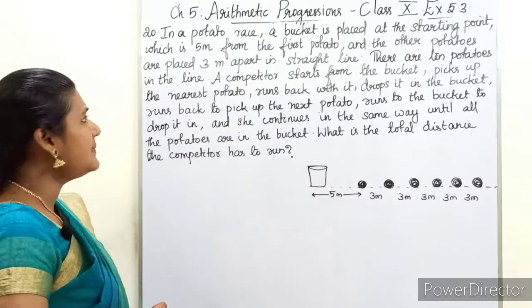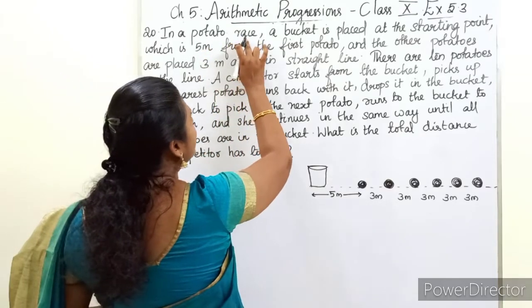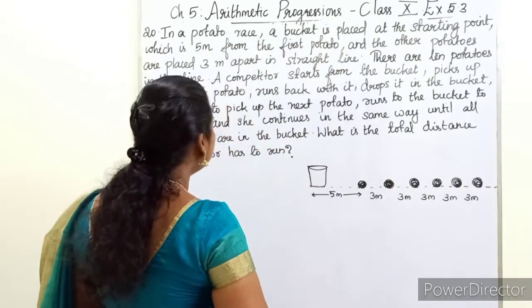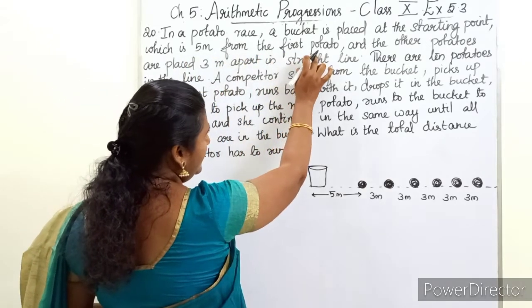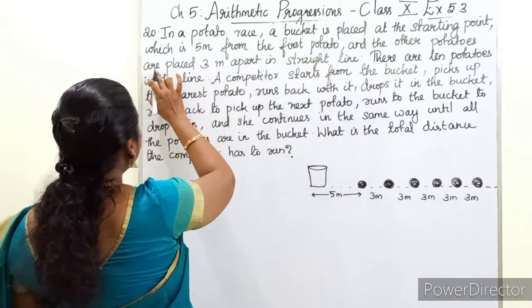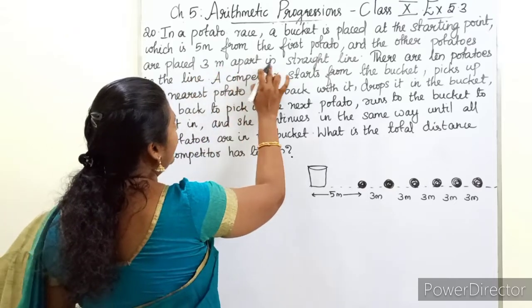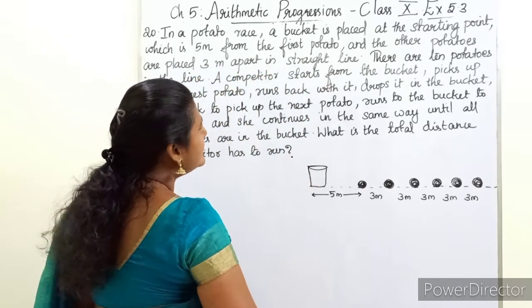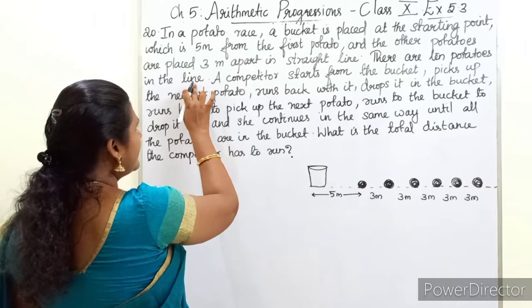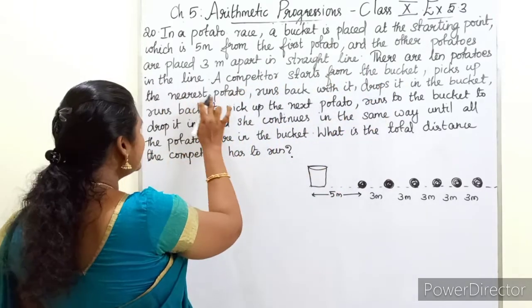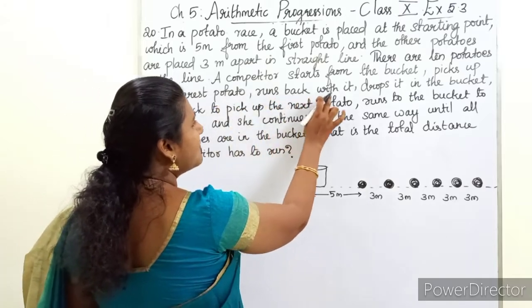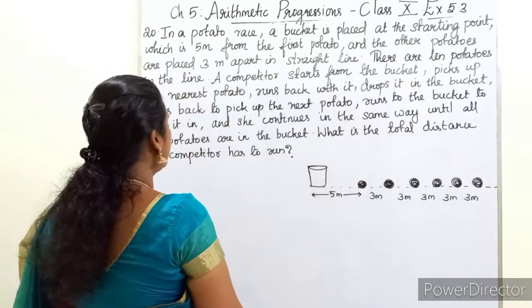Question number 20. In a potato race, a bucket is placed at the starting point, which is 5 meters from the first potato, and the other potatoes are placed 3 meters apart in a straight line. There are 10 potatoes in the line. A competitor starts from the bucket, picks up the nearest potato, runs back with it, and drops it in the bucket.